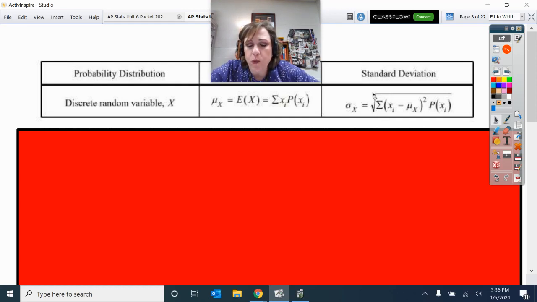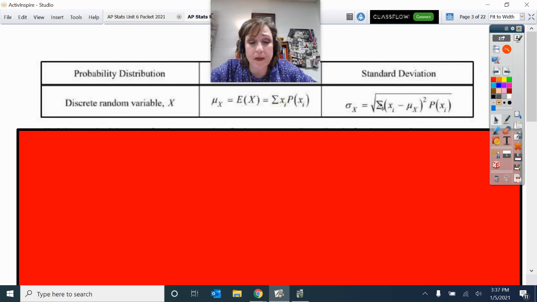So we have our square root, because remember when we would do standard deviations and we would do the squaring of it so that we would have positive distances from the mean? I'm seeing how far away each outcome is from the average, and then I'm squaring it so that it is not a negative number, times the probability of that happening.